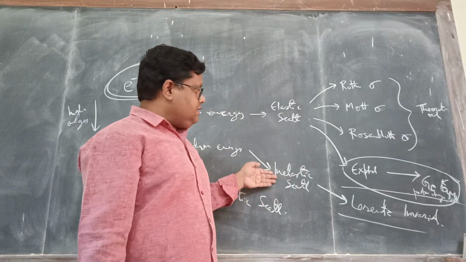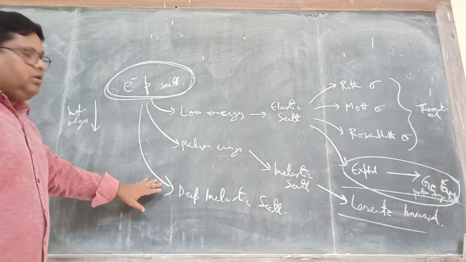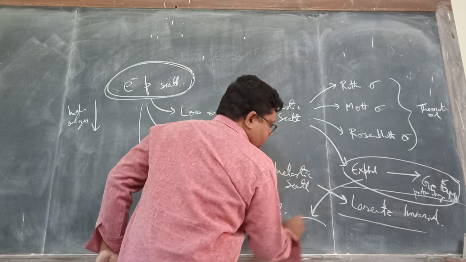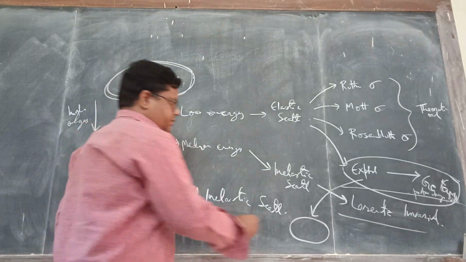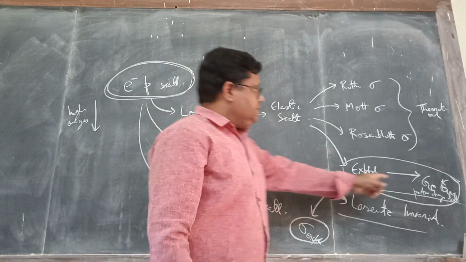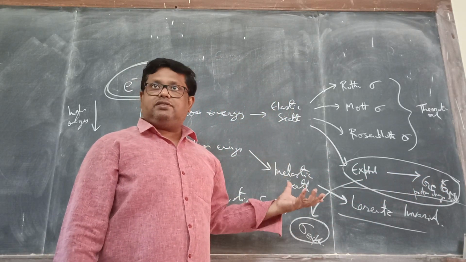Similarly, for inelastic scattering and later on for deep inelastic scattering, that means even higher energy, we will have a similar scenario of experimental cross section, where instead of GE and GM, we will be using some other things known as structure functions.